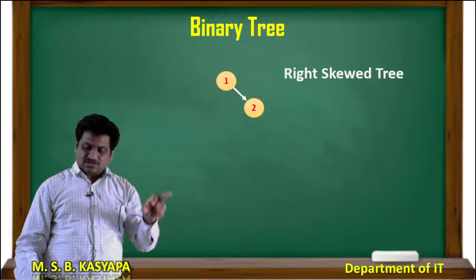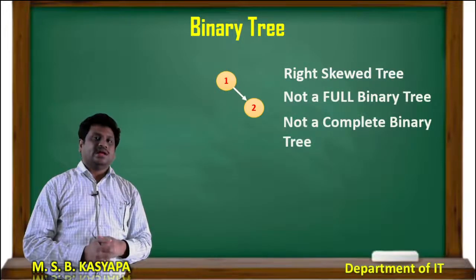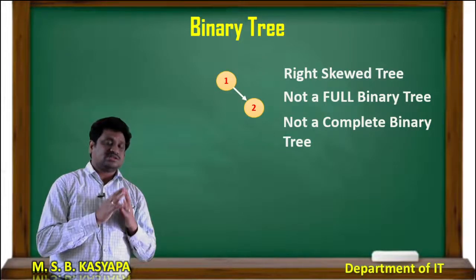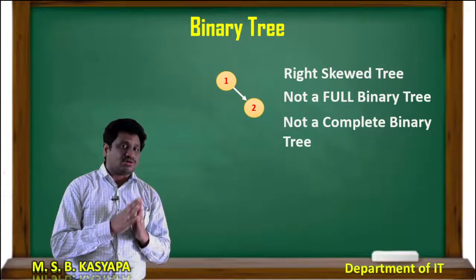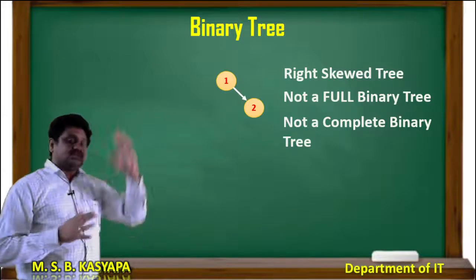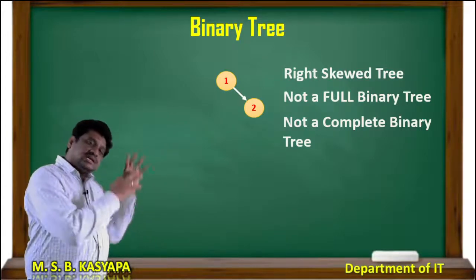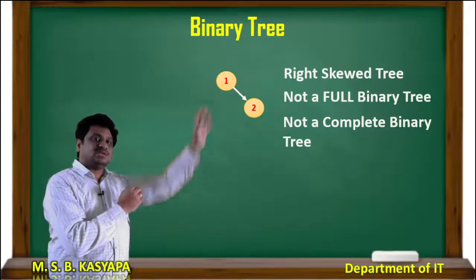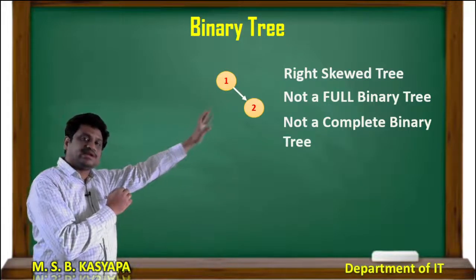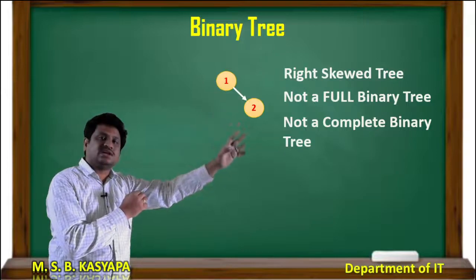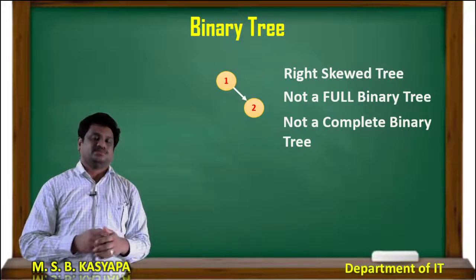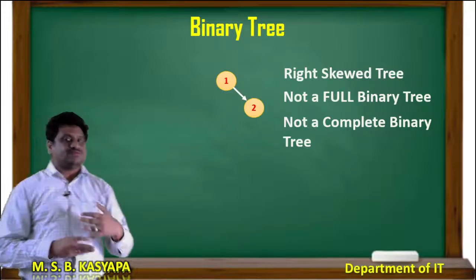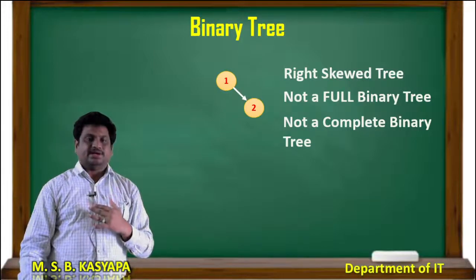So it is not a full binary tree. And is it a complete binary tree? It is also not complete. Why? Because the values must fill from left to right. See here, left is empty, right is filled. So that's why it is not a complete binary tree either. It is a right skewed binary tree, which is fine, but it is not full and not complete.